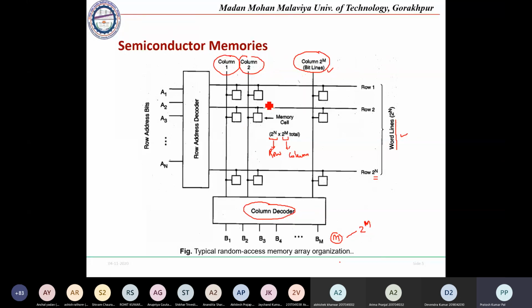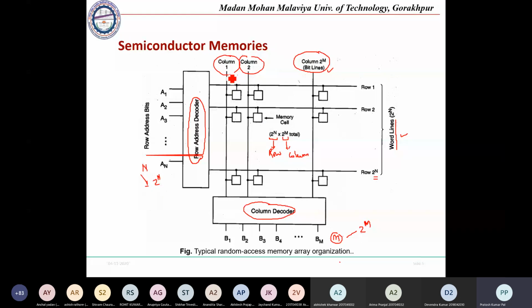Similarly, to select a particular row out of 2 to the power n rows, we have a row decoder also. This is called the row address decoder. It starts with 1 to n, so n number of bits are the input to the row decoder, which will have a total of 2 to the power n outputs.